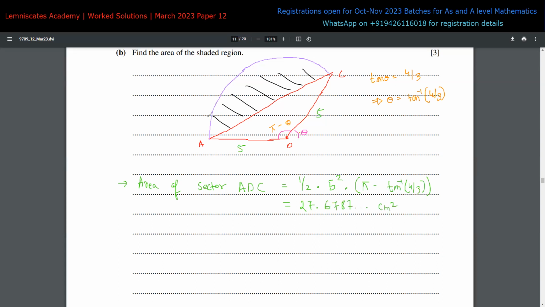centimeter squared. And then now if you find out the area of this triangle, the formula that we can use over here is half ab sine of this angle, right? So this and this side are nothing but 5.